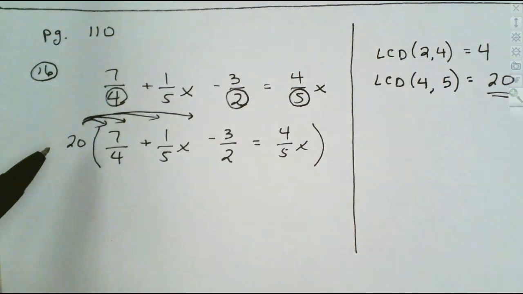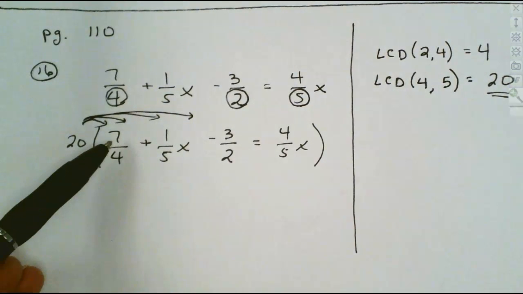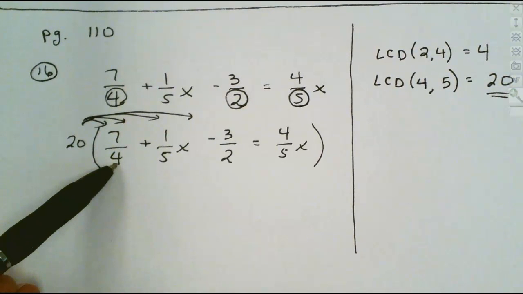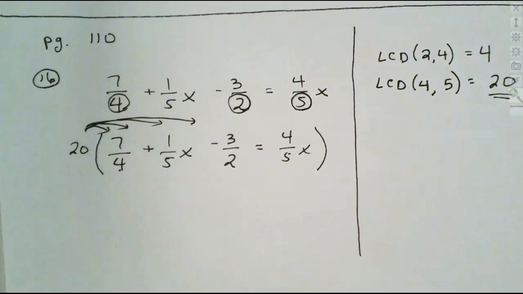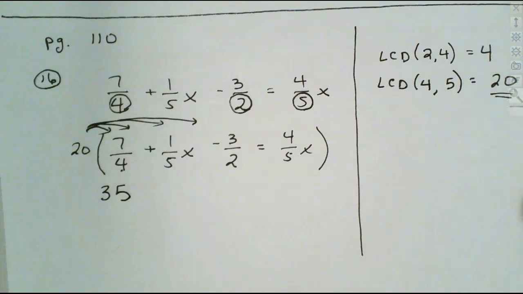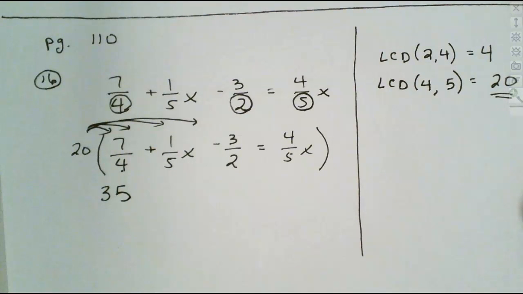On the first one, we divide and then multiply. So 20 divided by 4. Well, 20 divided by that 4 below is a 5, right? And then 5 times 7, that makes it a 35. We divide by the number below, multiply by the number on the top.